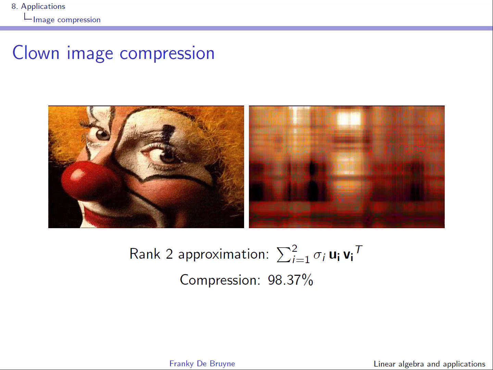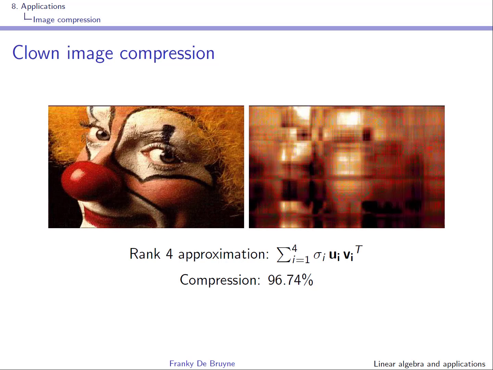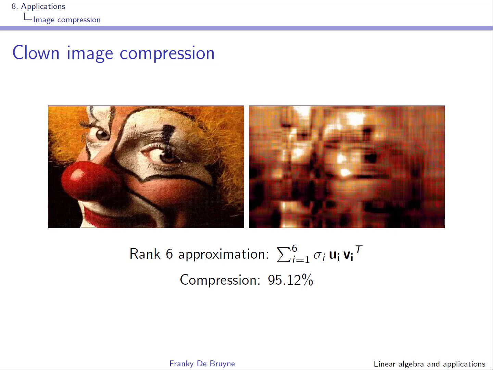This is 2, 3, 4, 5, 6, 7, and 8, and I think that by now, if you show this picture to someone, they could tell that it is indeed a clown. So you have captured the most important features of the face of this clown.